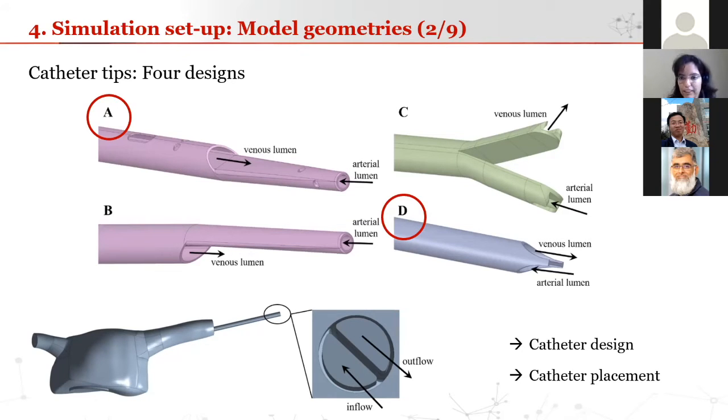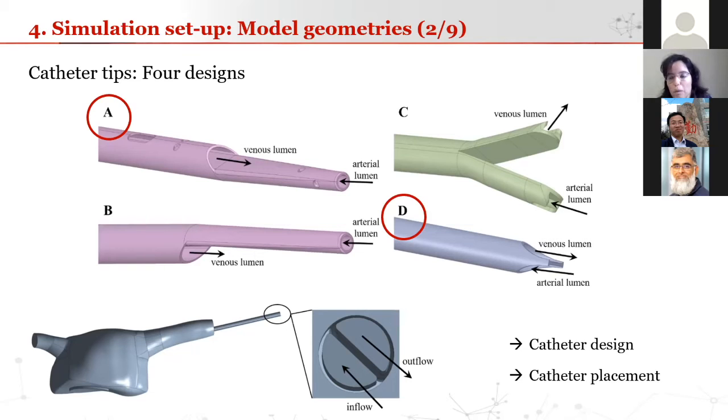All of these designs were placed into the right atrium similarly to what is presented in the image in gray. And as you can see in an enhanced close-up of the tip of the catheter, we have 2 lumens. One represents the inflow, which is where filtered blood goes into the right atrium, and the other represents outflow, where unfiltered blood comes outside of the right atrium.